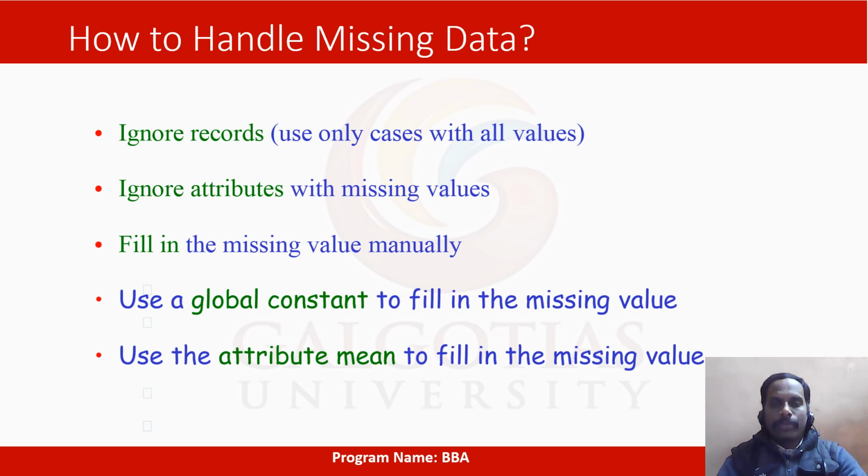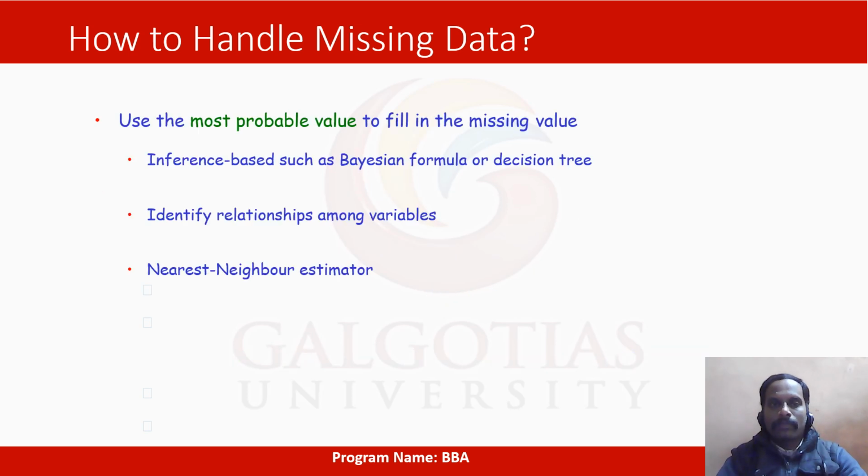Use the attribute mean to fill in the missing value. Use the most probable value to fill in the missing values, with inference based methods such as Bayesian formula or decision tree. Identify the relationship among the variables, for example a nearest neighbor estimator.